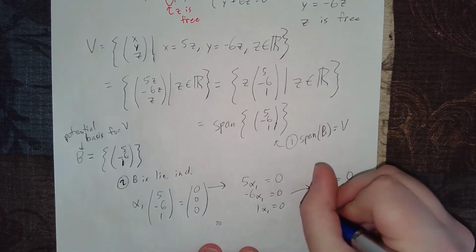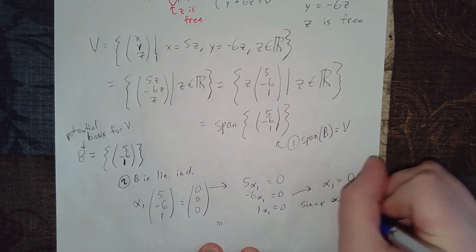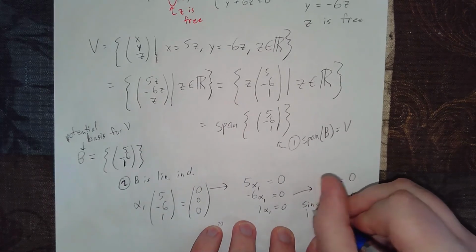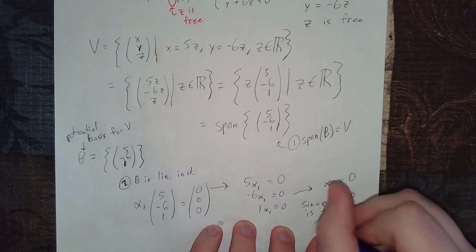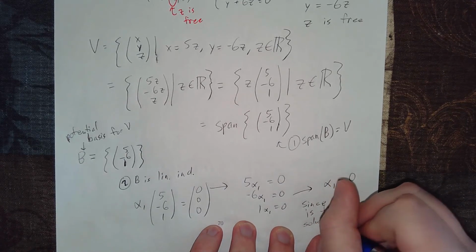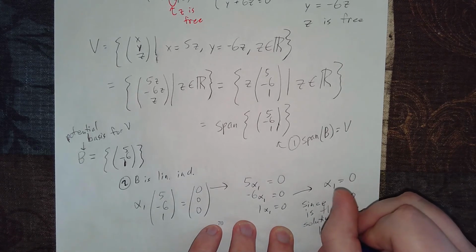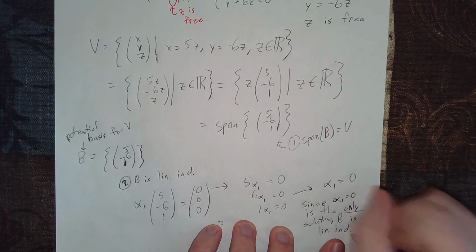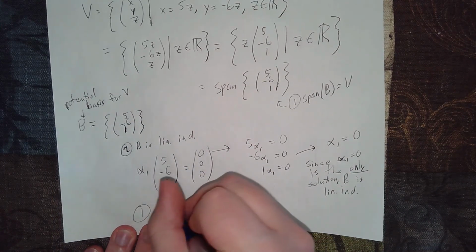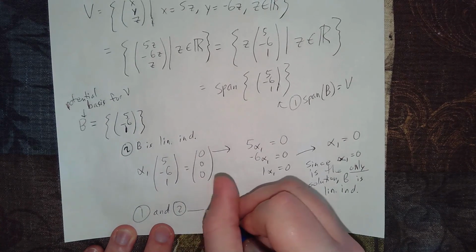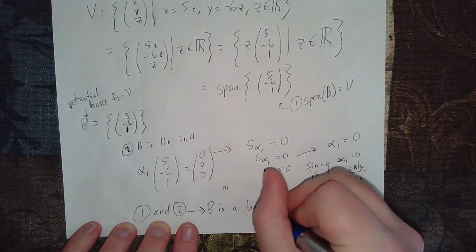So since alpha 1 equals 0 is the only solution, B is linearly independent. And so now, between 1 and 2 being satisfied, B is a basis for v.